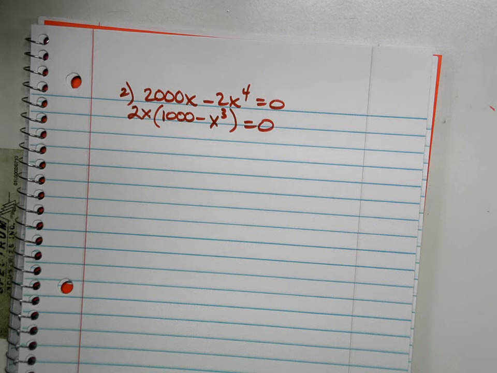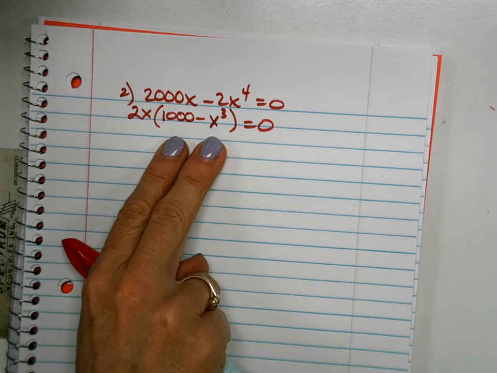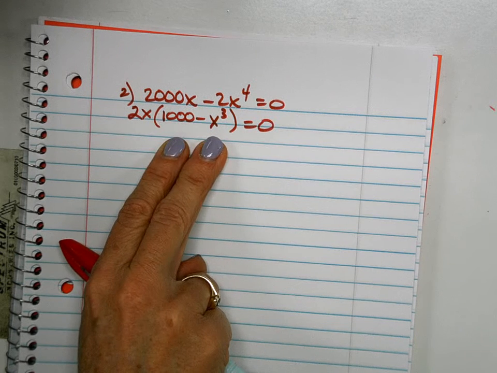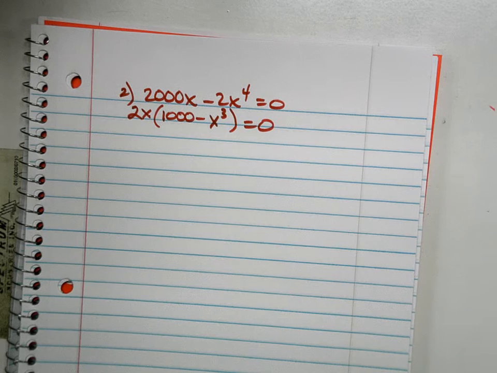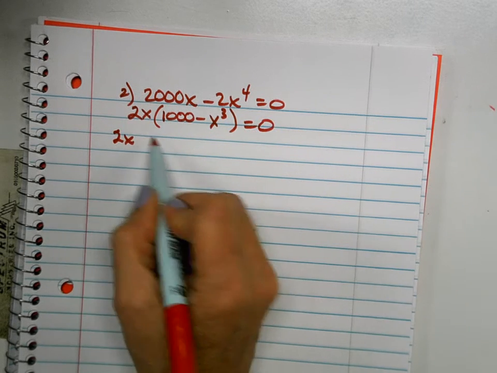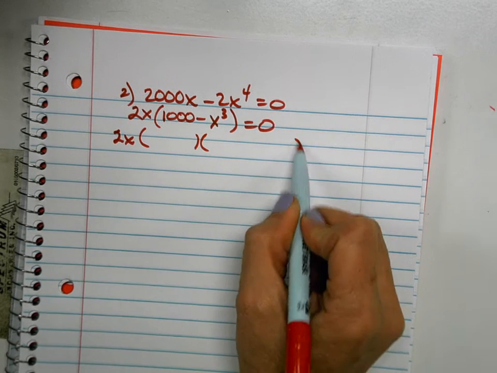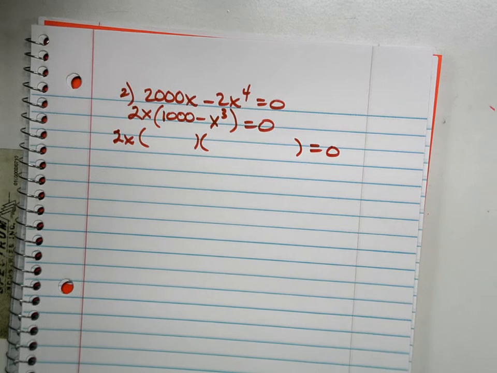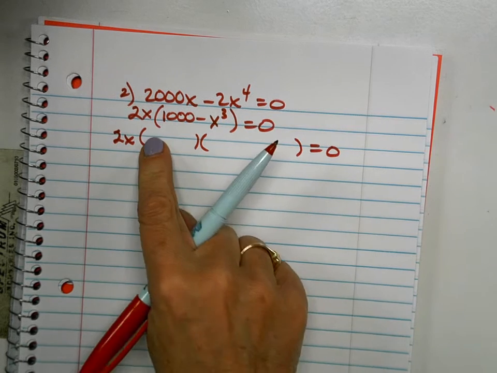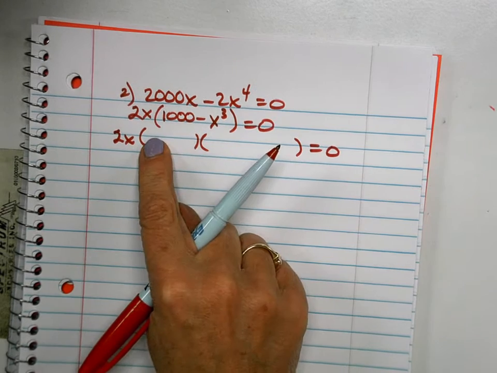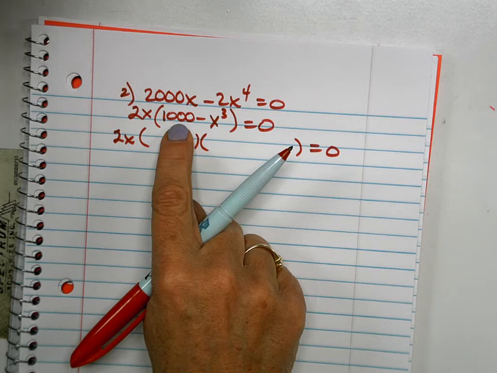Okay, and then hopefully you recognize that this right here is the difference of cubes, and then you're thinking SOAP. I need to SOAP. Okay, so when I SOAP, I set up a 2-term and then a 3-term, either a binomial or trinomial. Okay, now what goes here? The cube root of that. What's the cube root of 1000? 10, right?